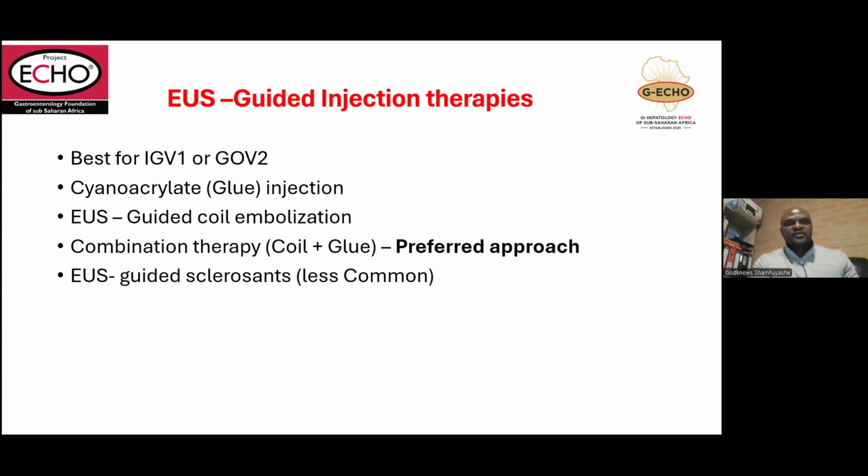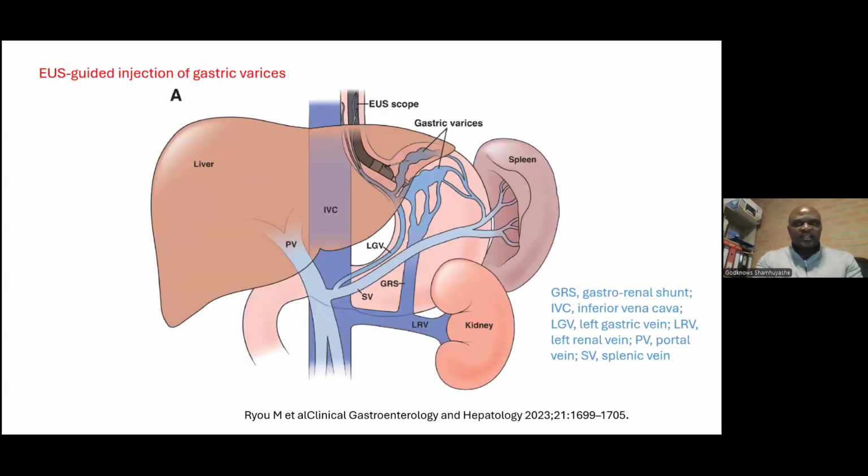It has been found that the coil actually stabilizes the glue, and the amount of glue which you are going to use is going to be less as compared to just using the glue injection alone. And you also have your EUS guided sclerosants, which are now less commonly used.